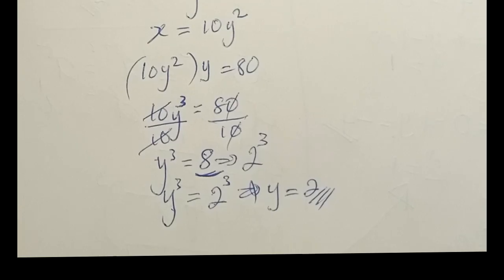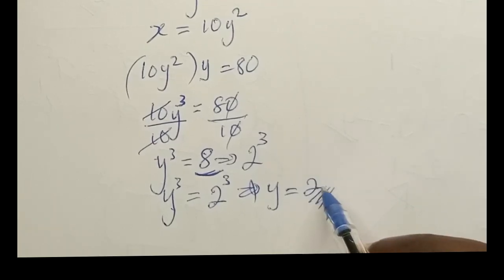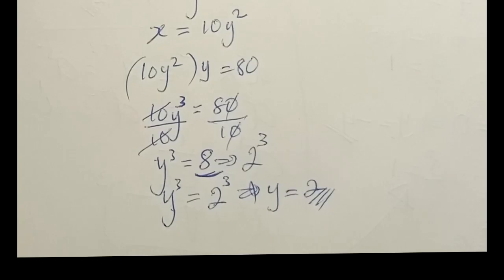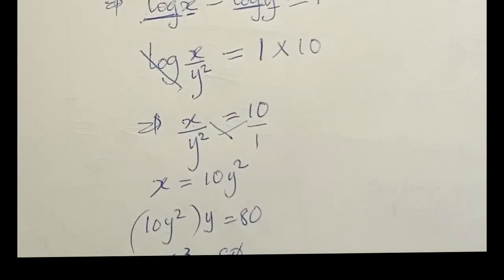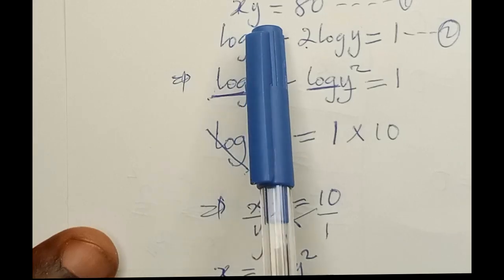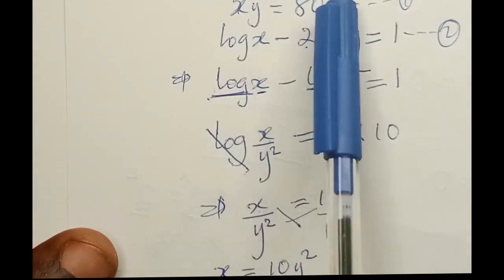Now we have the value of y, which is equal to 2. To get x, we need to use any of the expressions, the first expression we used before, xy equal to 80. Y is 2, so 2 times x gives us 2x equal to 80.